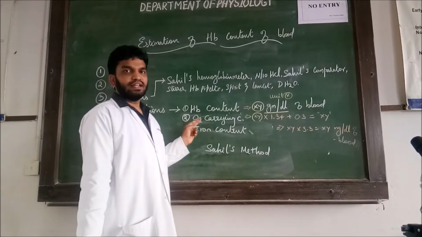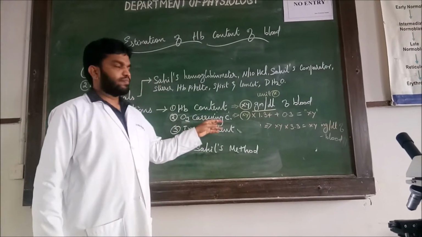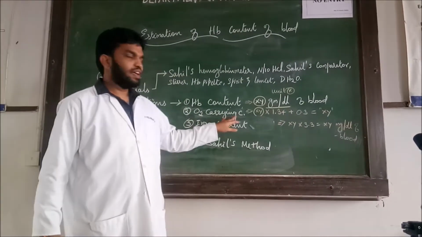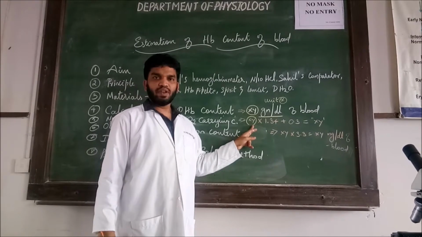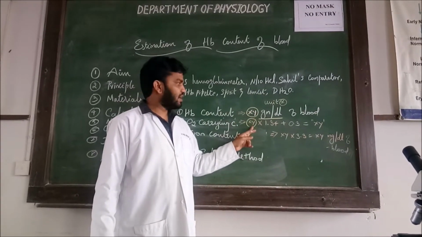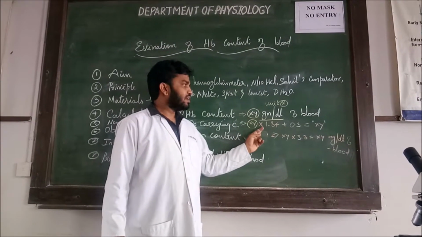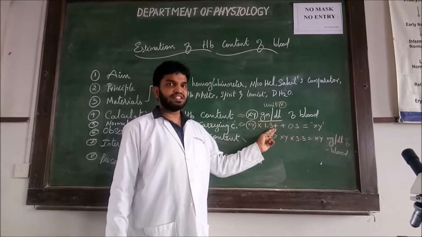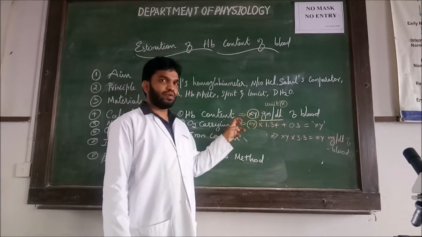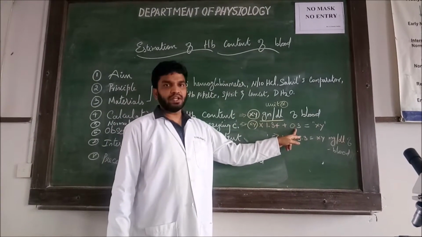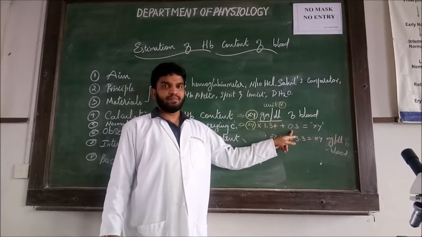Second is oxygen carrying capacity. For this, we take the hemoglobin content, XY, into 1.34, that is how much oxygen hemoglobin carries, plus 0.3 for plasma.